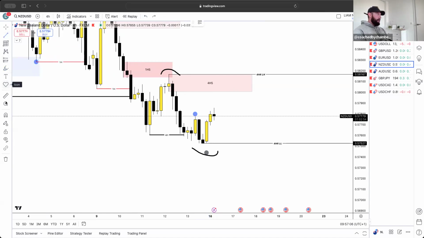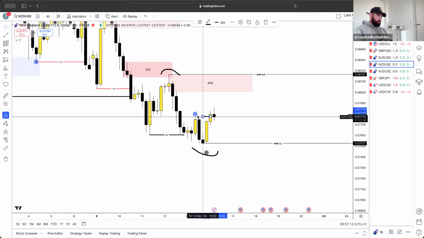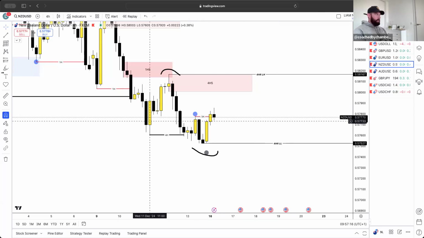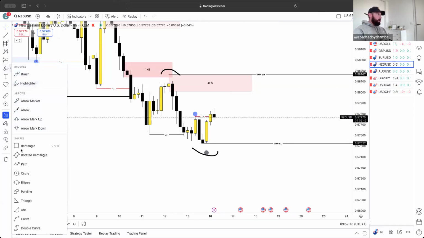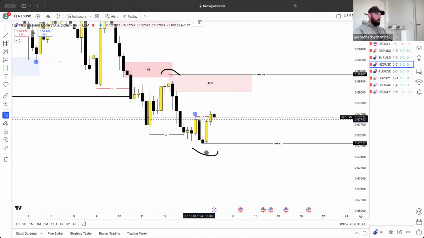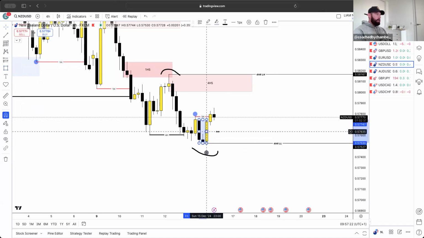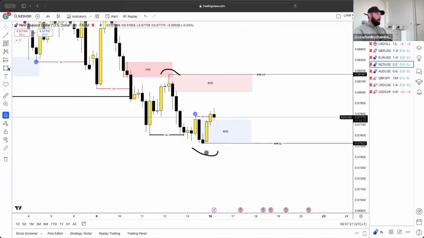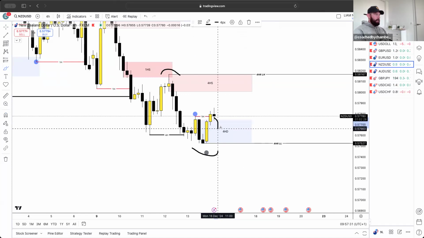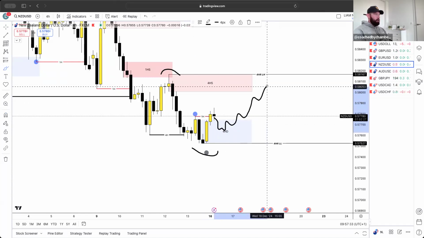So we have had an internal change of trend here, which means that now this whole 4 hour leg is our 4 hour demand area. So wait for your confirmations, but if we can tap in and then obviously head up into this area, that's what I've been looking for.